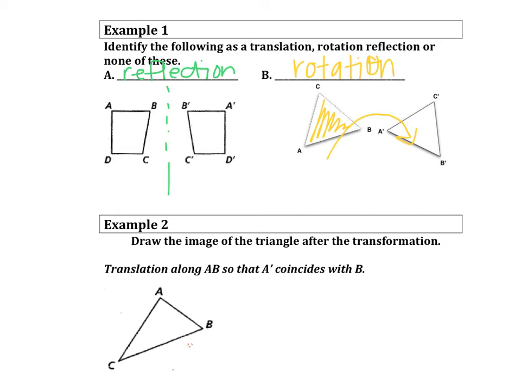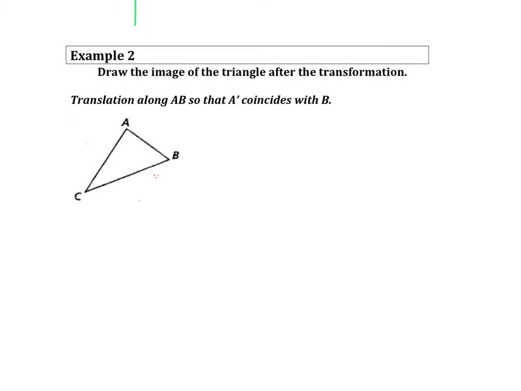Next one, they want us to do a little bit of a drawing, in the exact way they want us to. It says here, we want a translation, which means a slide along AB, that side, so that the new A coincides, which means on top of or lines up with B. So a slide along AB.